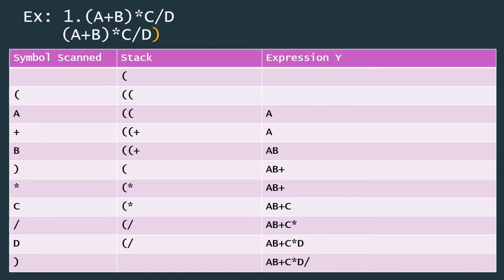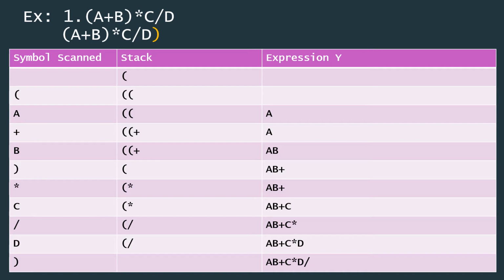The next symbol to be scanned is the multiplication, which will go into the stack. The next symbol is C, an operand, which will go to the expression part. Now your expression becomes AB plus C. The next symbol to be scanned is the division.